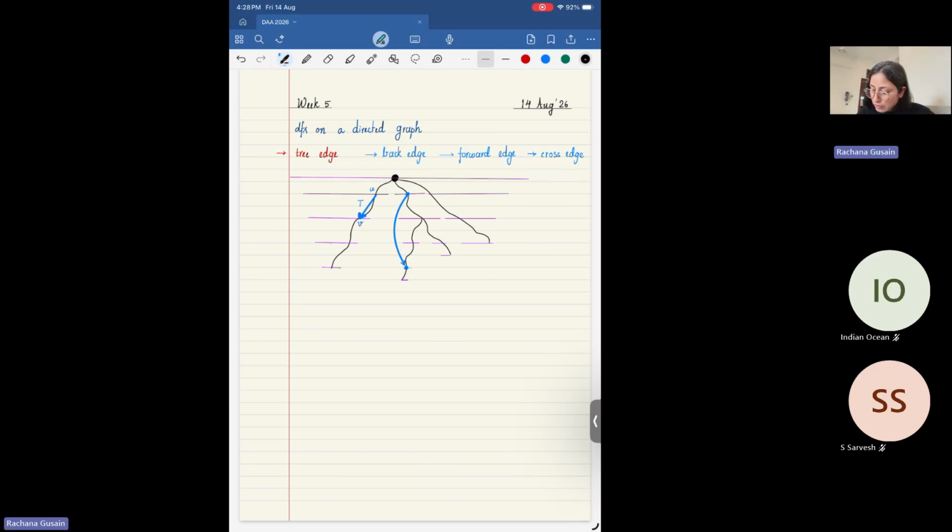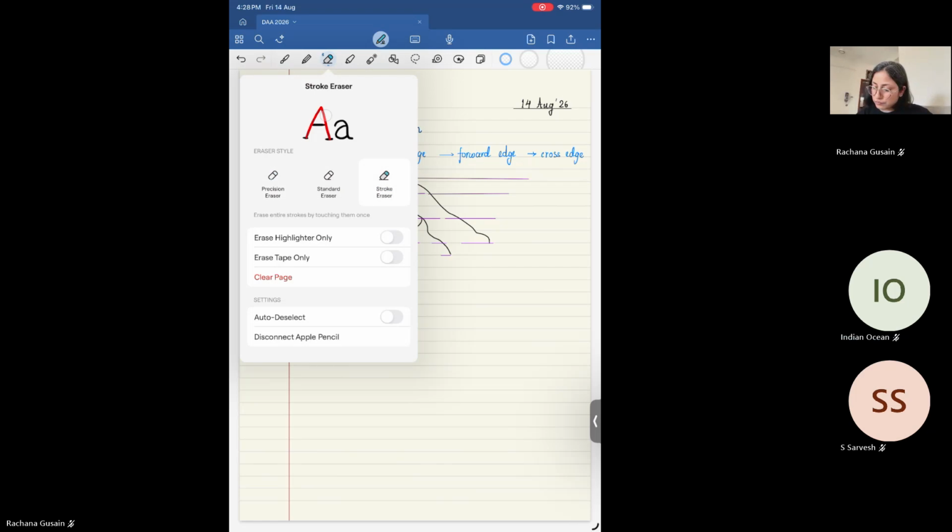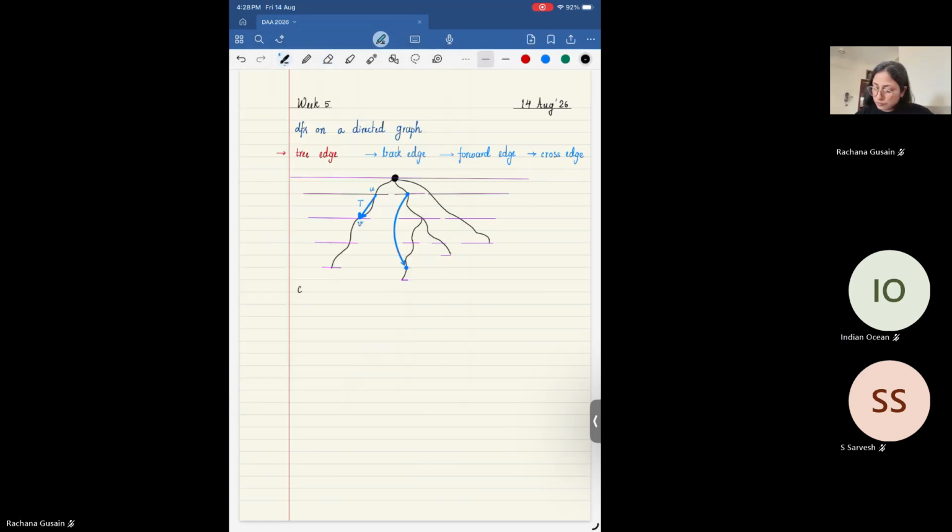Right? So can we have two nodes in the DFS tree whose intervals partially overlap? Can we have such a scenario?